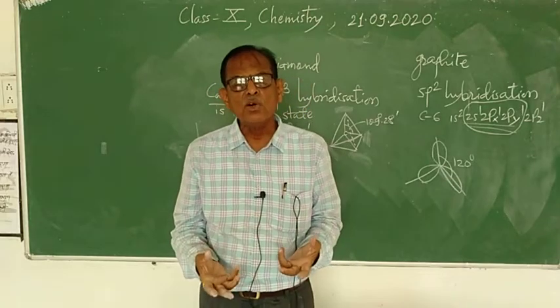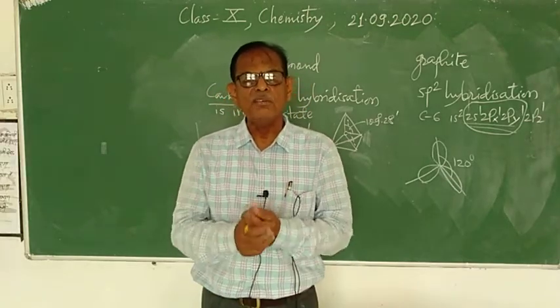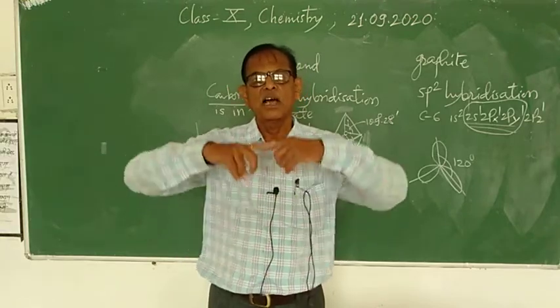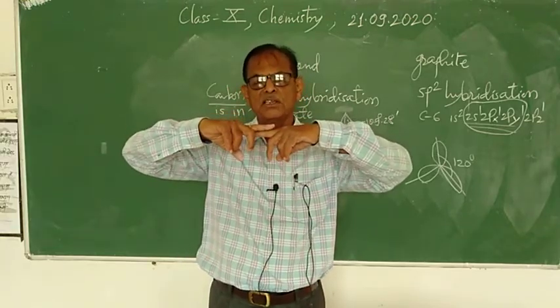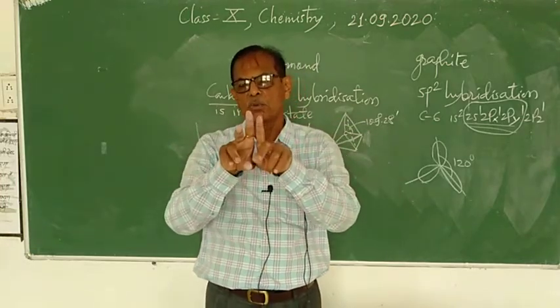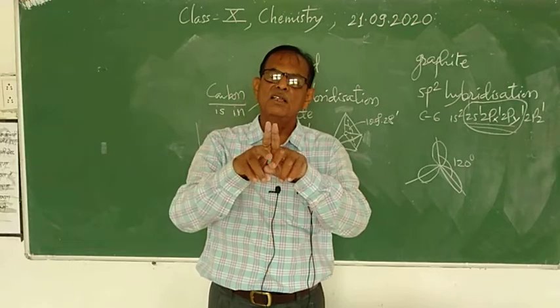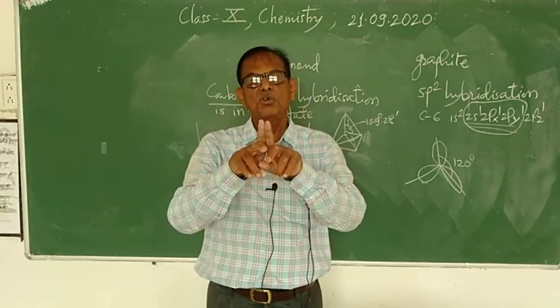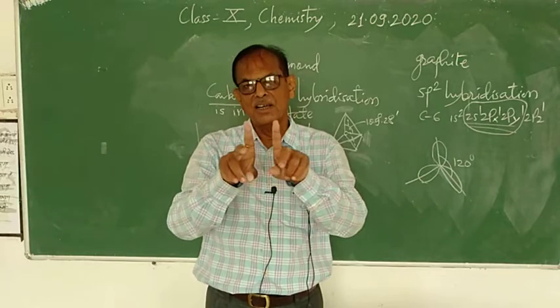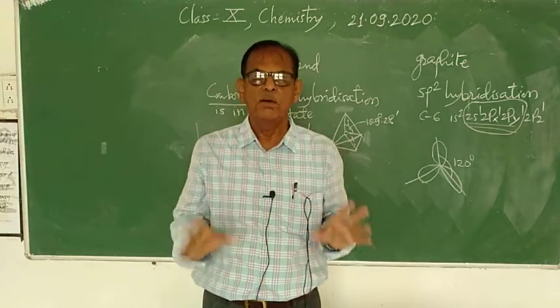It requires more amount of energy for its breaking. Therefore we say that sp2 hybrid orbitals form sigma bonds, and the pz orbital, which is not involved in the hybridization, overlaps laterally and forms the pi bond.